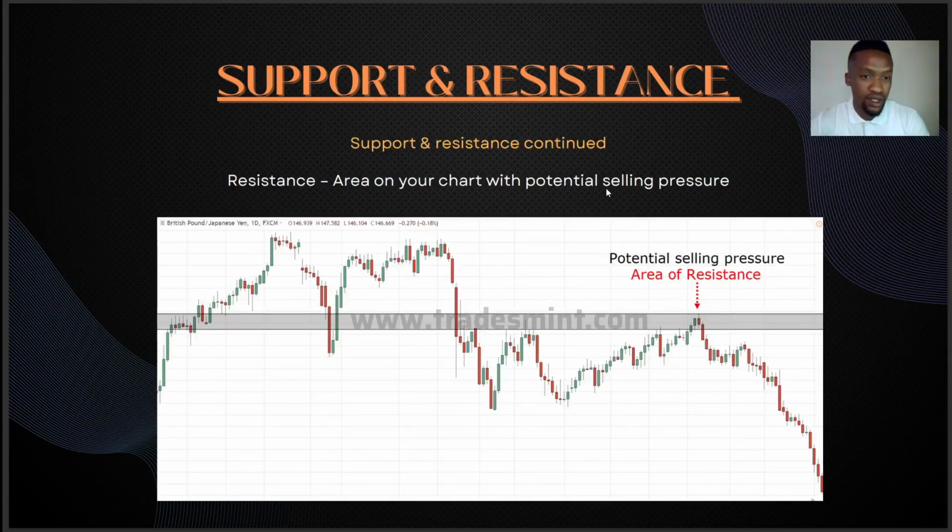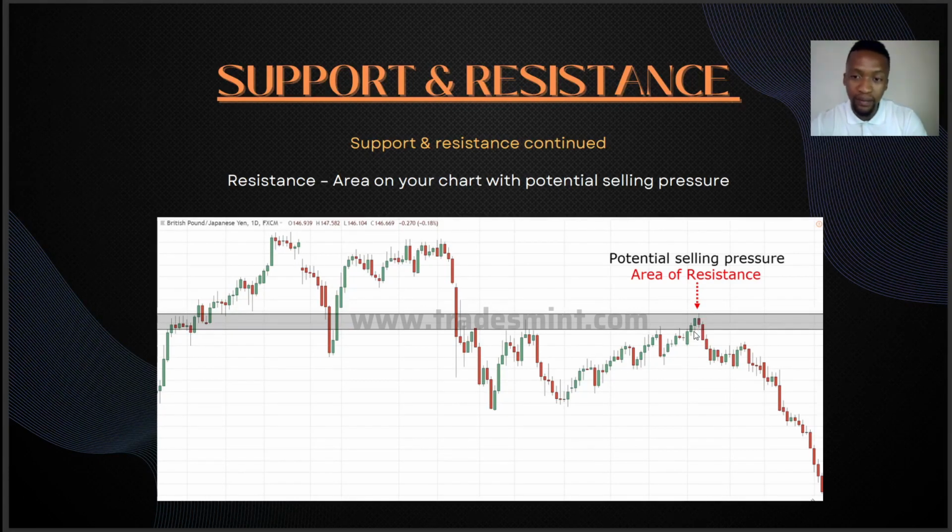Support and resistance continued. Resistance is an area on your chart with potential selling pressure. Basically, as you can see over here, similarly to what we had on the support illustration, same thing with the resistance illustration, we can clearly see that we have a very strong resistance structure over here. Market is failing to push above.